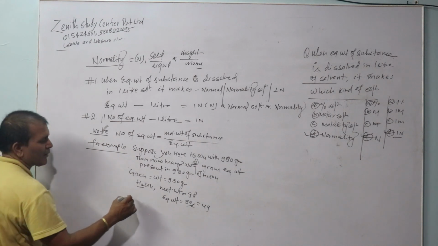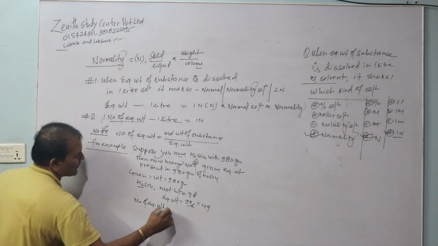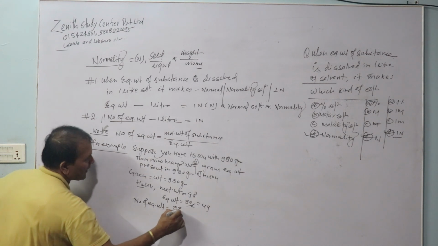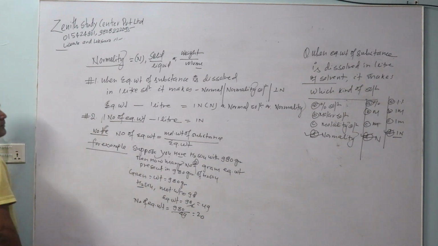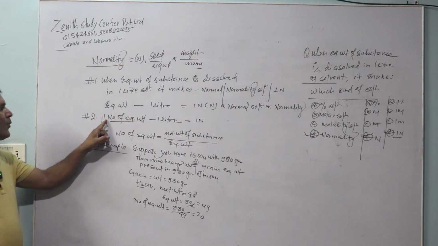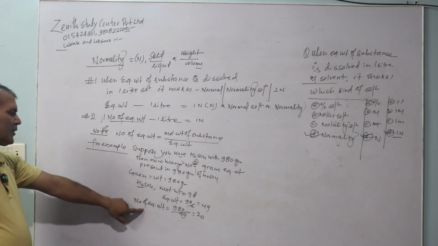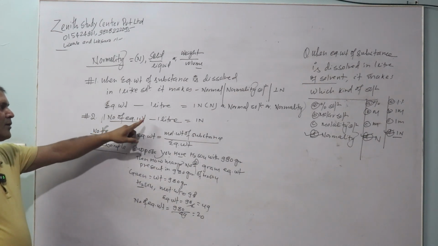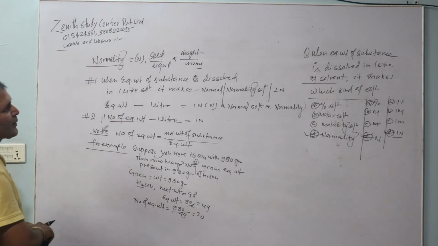Then the number of equivalent weights is 980 by 49, which is 20 gram equivalents. If one equivalent weight in 1 liter is 1 normal, then 20 equivalents is 20 normal.